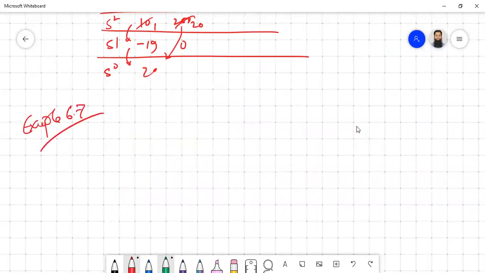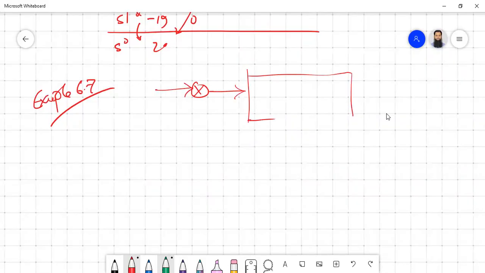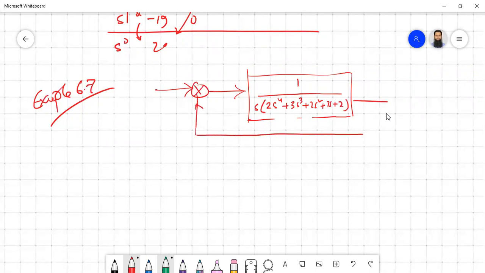Example 6.7. So in the example 6.7, again, a negative feedback system is provided with the corresponding transfer function, that is 1 by s into 2 s to the power 4 plus 3s cubed plus 2s squared plus 3s plus 2. Okay, now again, I'm not writing these equations in full, because we have time limitation.